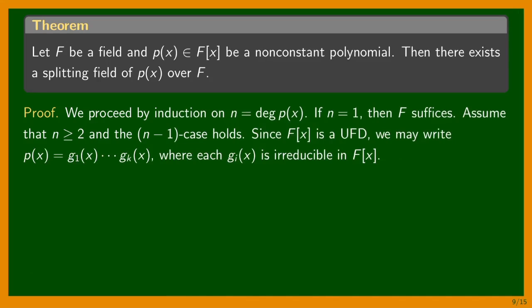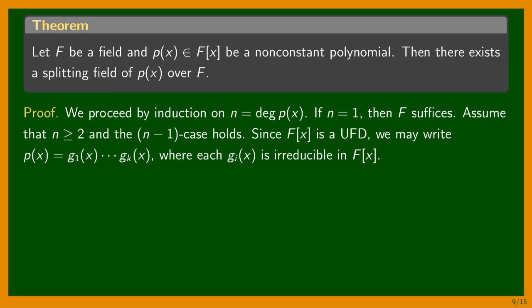Dahil nga UFD, si F square bracket X, ang UFD, unique factorization domain, pwede mong isulat si P of X uniquely in the following manner. G1 of X times G2 of X and so on up to GK of X where each GI is irreducible. Diba ganun yun? Nag-factor into irreducible polynomials over a field ang isang polynomial.